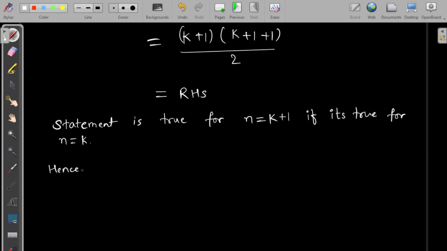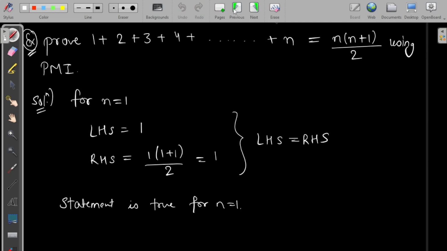Hence the statement is true for all n belonging to natural numbers. This symbol stands for the set of natural numbers, and hence this is how we can prove this using the mathematical induction method, as you can see here.